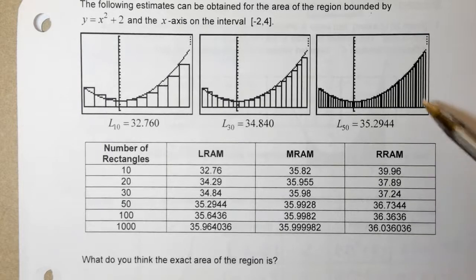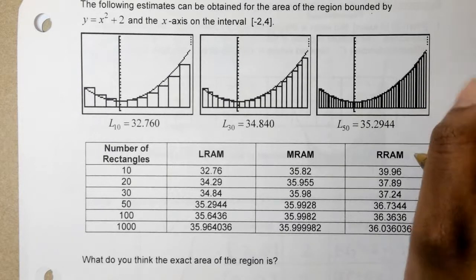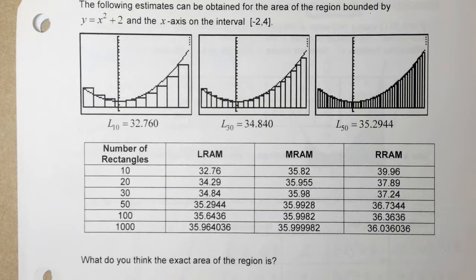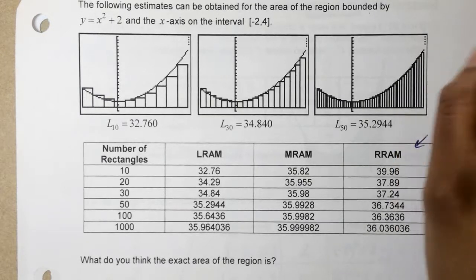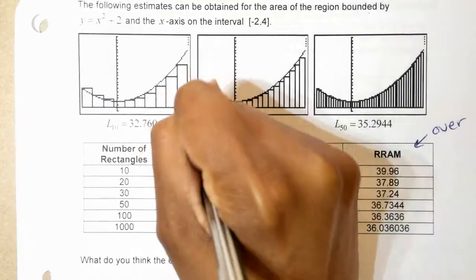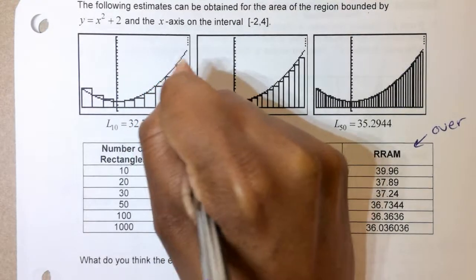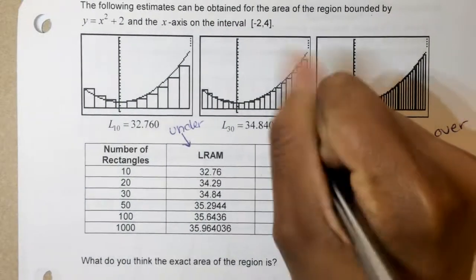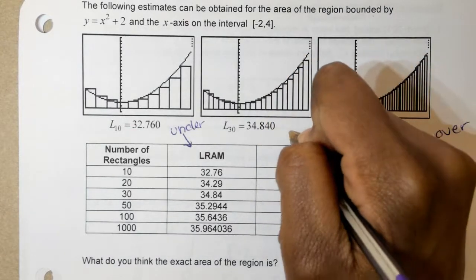So knowing that on this graph, specifically when we looked at those problems earlier, we know that the right is an overestimation, we know that the left is an underestimation, and we know that the middle is closest to accurate.